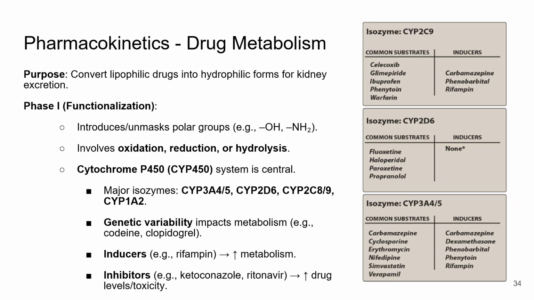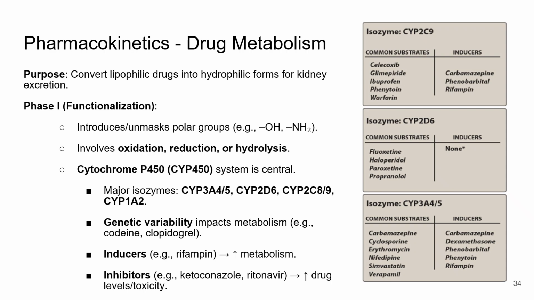Now, certain drugs can also affect CYP activity. So, inducers increase metabolism. So remember, metabolism is how we are changing the drug from its active to inactive form, lowering the drug level. So drugs like rifampin increase metabolism, ultimately lowering the drug level. Those are inducers.